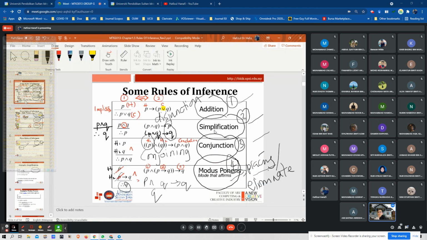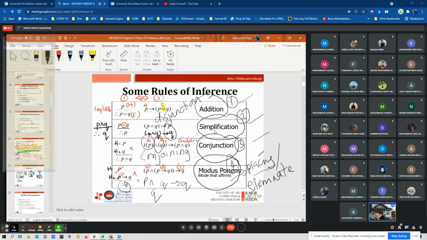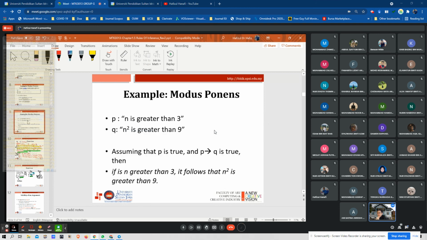If P implies Q is true, then if N is greater than 3, it follows that N power 2 is greater than 9. This one is modus ponens, you are eliminating.